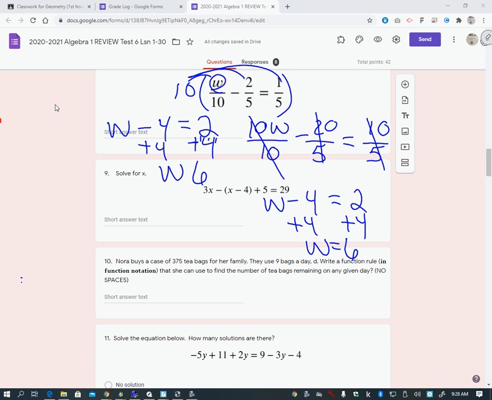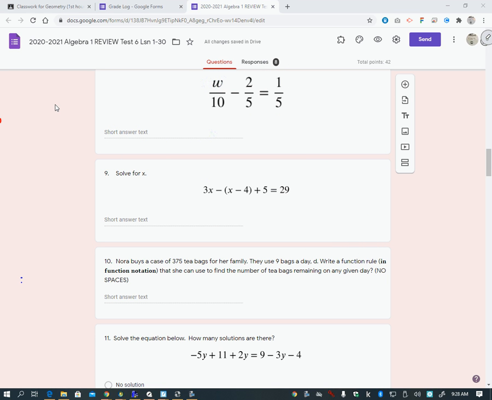Now, what Alex is asking is, can we solve it just the way it is? Absolutely. All right. I would add 2/5 to 1/5, right? So W over 10 is going to be equal to what? What's 1/5 plus 2/5? 3/5. All right. From here, that's a proportion.